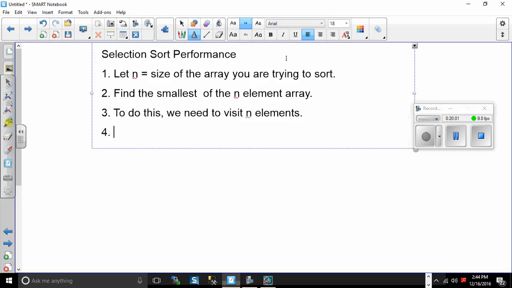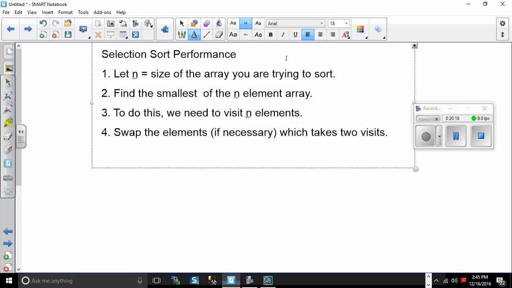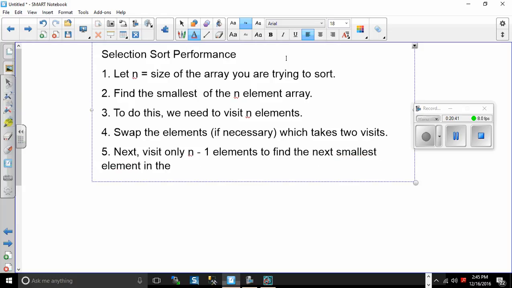we swap the elements if necessary, which takes 2 visits. In the next step, visit only n minus 1 elements to find the next smallest element in the data array.